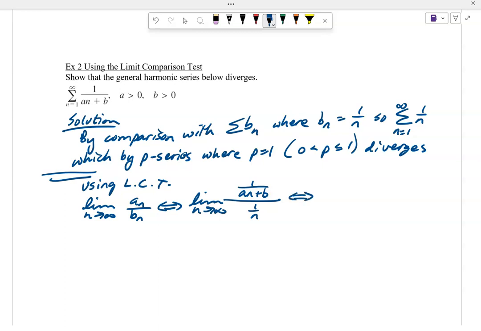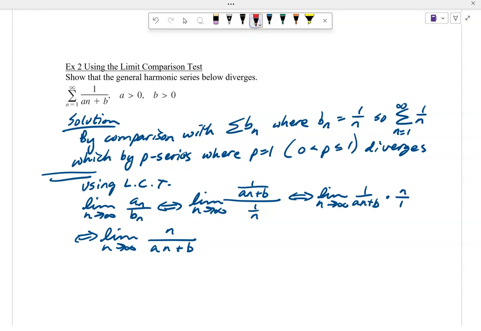We'll multiply by the reciprocal, so 1 over an plus b times n over 1. So we've got n over an plus b. Notice we have infinity over infinity, so let's do this algebraically though. We'll divide everybody by n.